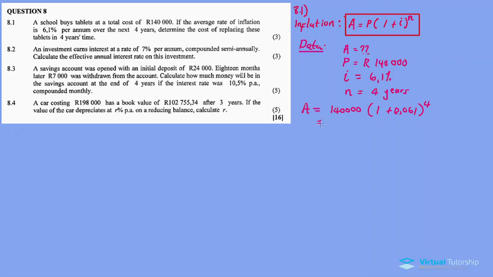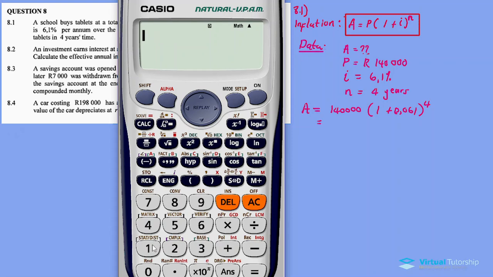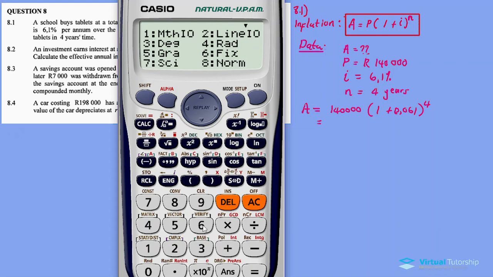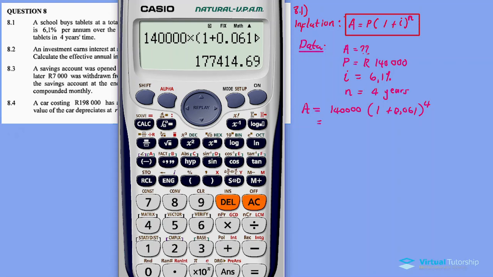So this is equal to, let us calculate, 140,000 times open bracket 1 plus 0.061 close bracket exponent 4, equal to, this is our answer. Round it off to 2 decimal places.